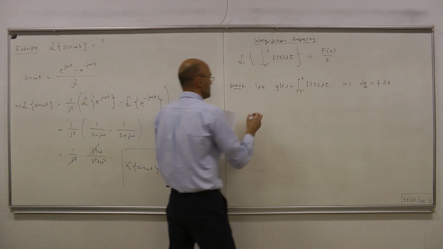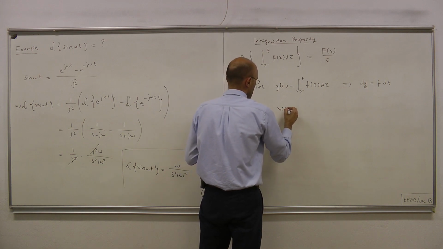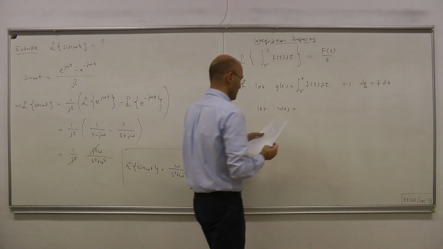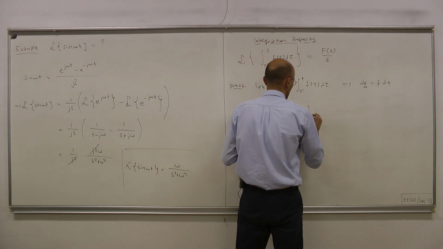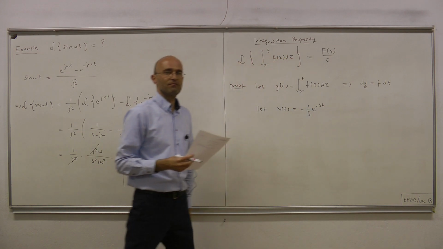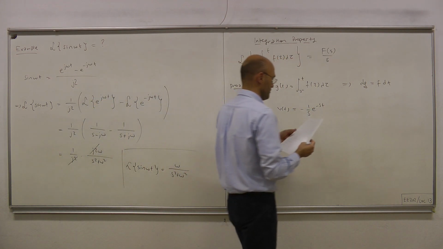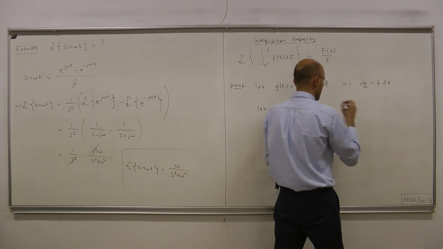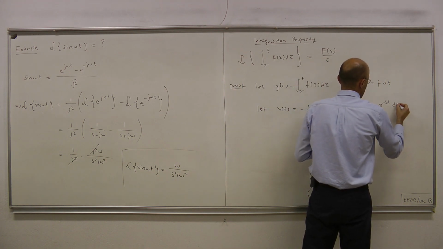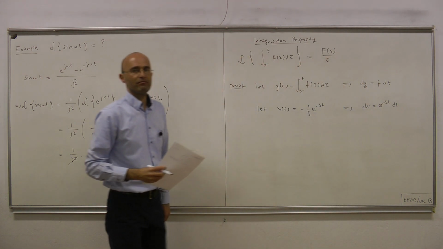Let's also define this function v of t as minus 1 over s e to the minus st, from which we can easily write dv equals e to the minus st dt.